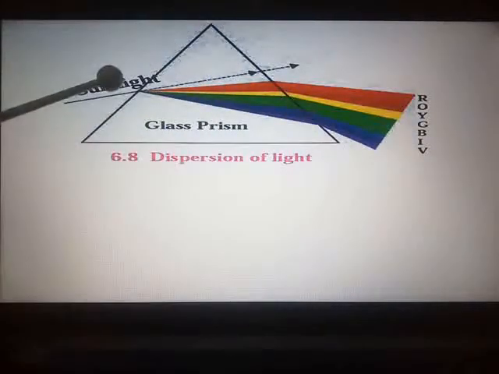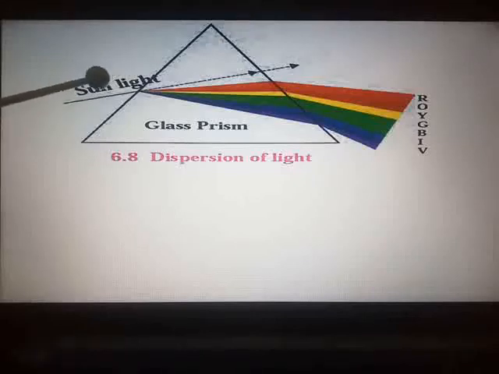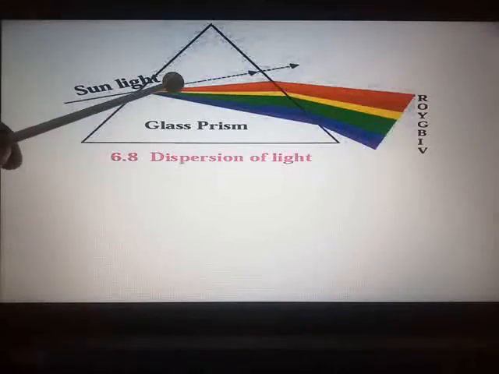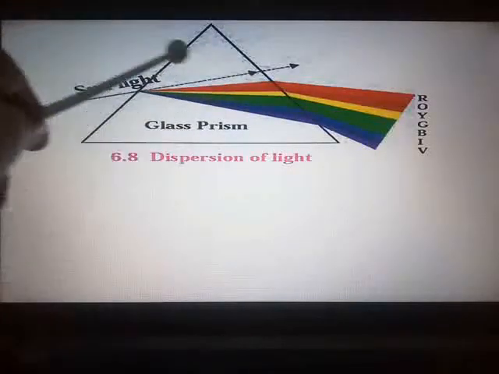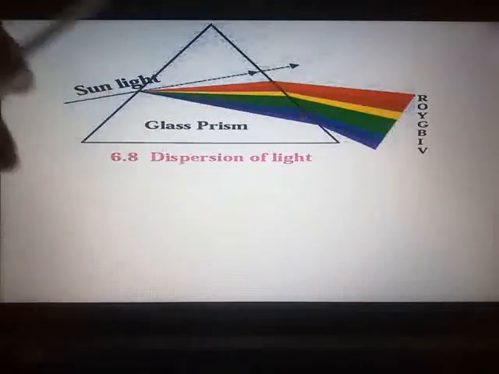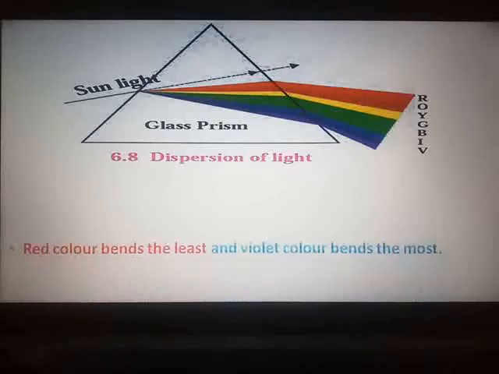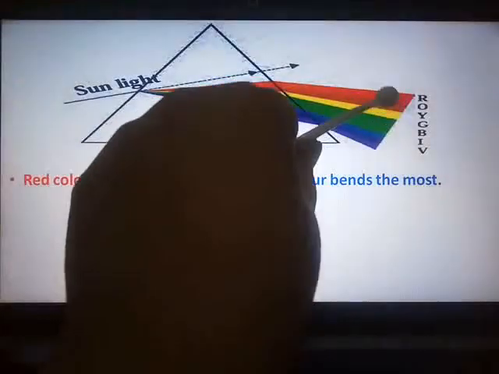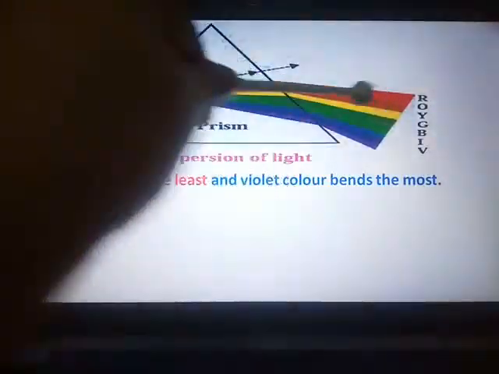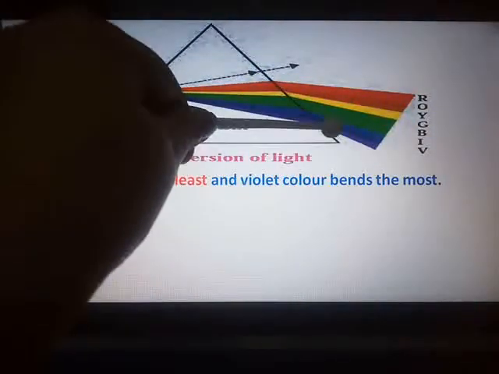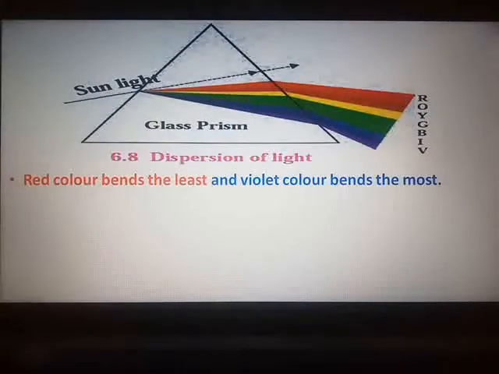Clearly you can see this is the sunlight incident on the glass prism, and each color you can see bending at different angles. Among these 7 colors, in a rainbow there are 7 colors. The red color bends the least, whereas violet color bends the most.